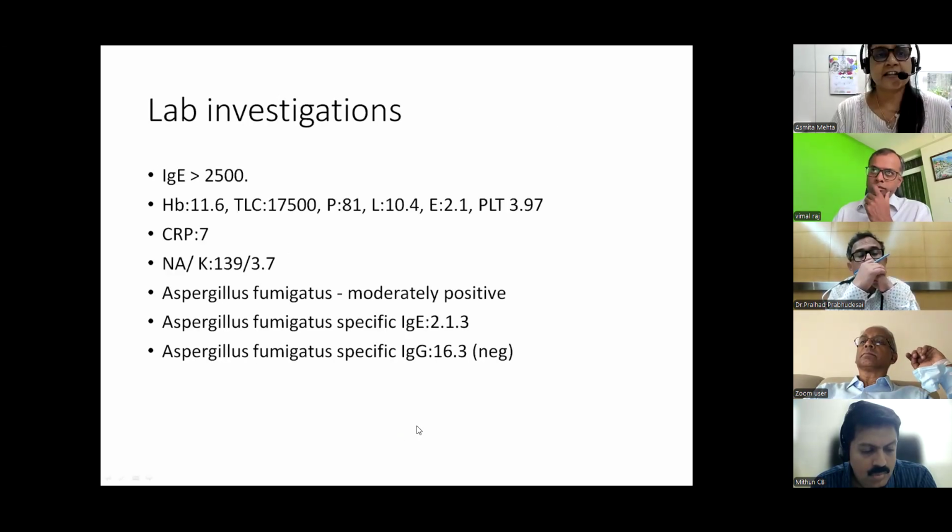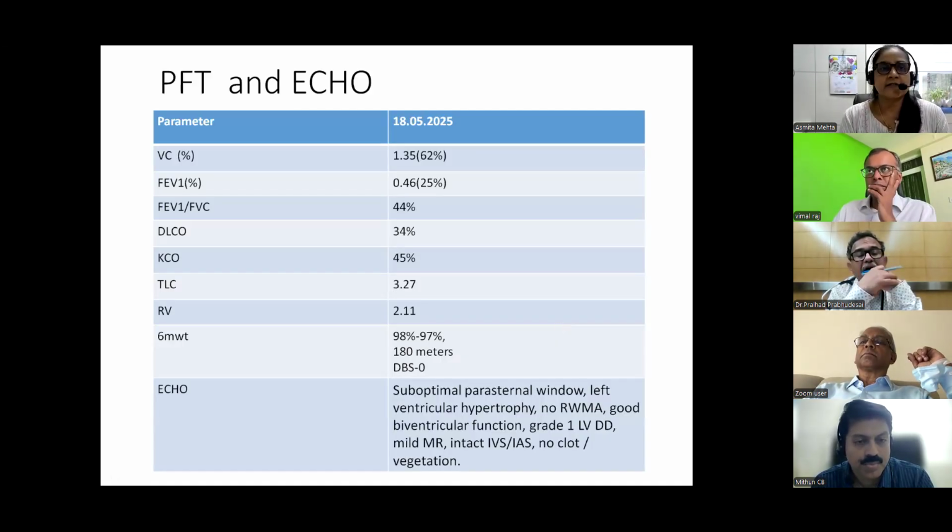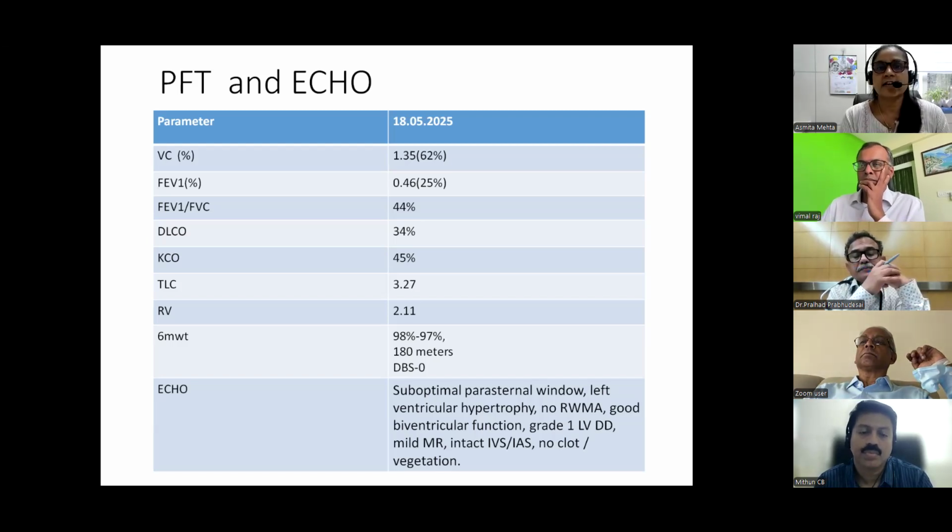Overall vitals were stable. IgE is greater than 2500. Aspergillus fumigatus IgG was moderately positive, and specific IgE was also positive. IgG, when the cutoff is 11, he had 16.3. This is his spirometry, lung volume and DLCO. As you can see, FEV1 was 25% of predicted, ratio of 44, DLCO of 34, and KCO of 45.